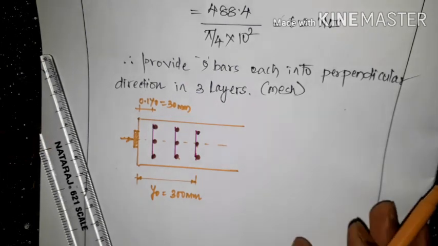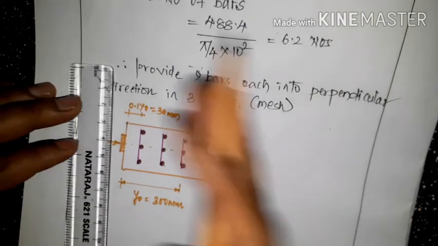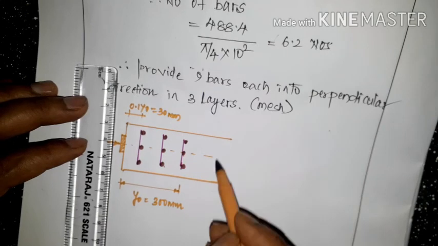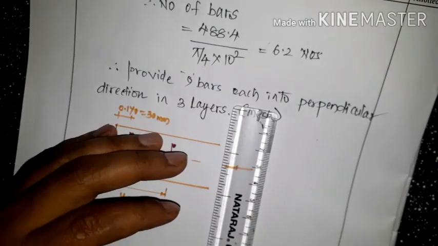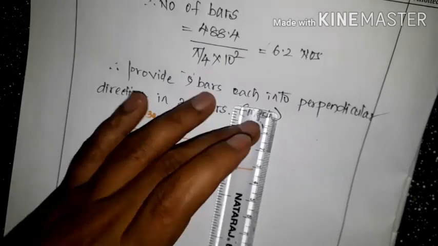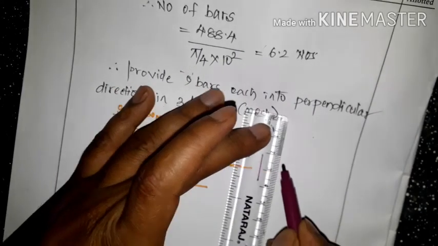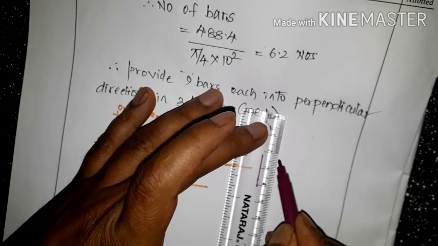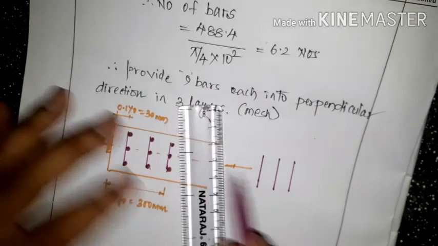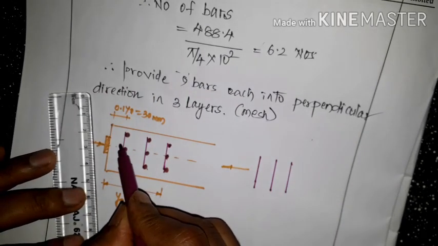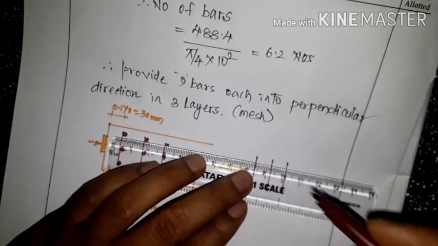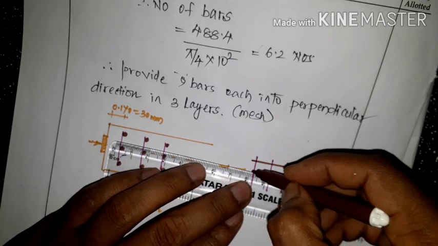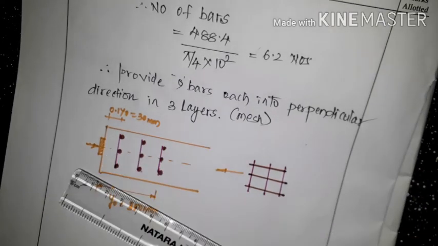If you want to see in the plan, if you look from this side, how it looks: the vertical bars you can see like this, 1, 2, 3, and horizontal bars 1, 2, 3. Are you getting it?